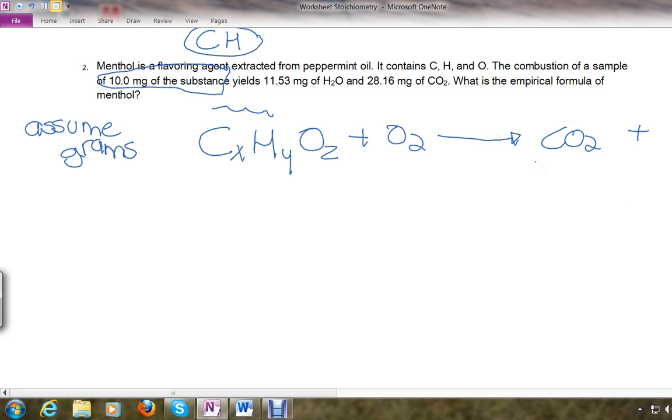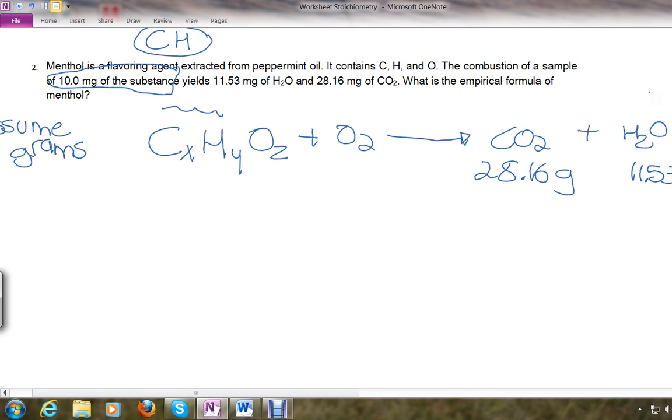So here you got CO2, you got 28.16 grams, and you got 11.53 grams of water. So what do we do first? Exactly like we did with the hydrocarbon. We find out the moles of CO2.